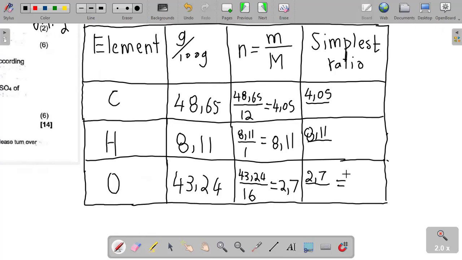Now, to get the simplest ratio, we come to the number of moles and get the smallest number. We compare the numbers and in this case it's 2.7. So the 2.7 is the one used to divide everything. Here we're going to get 1, and we divide by 2.7 everywhere because it's the smallest number.